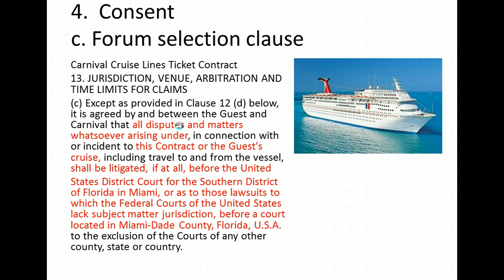A third means of gaining consent to personal jurisdiction is through what is known as a forum selection clause. And these are extremely common in contracts.